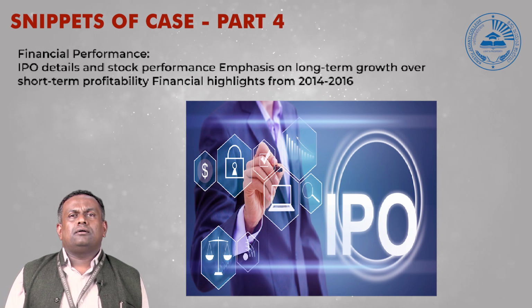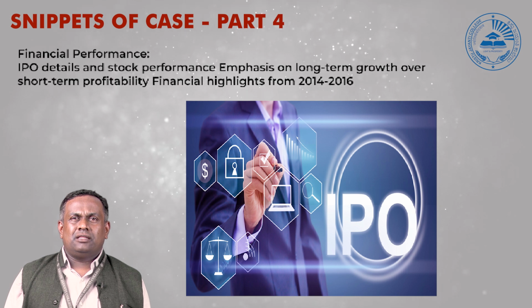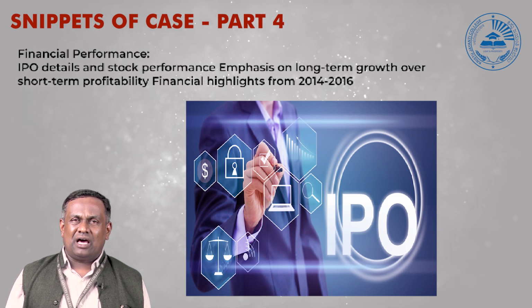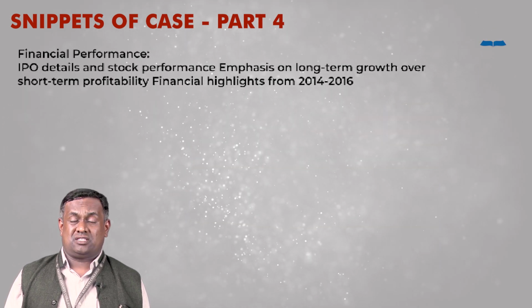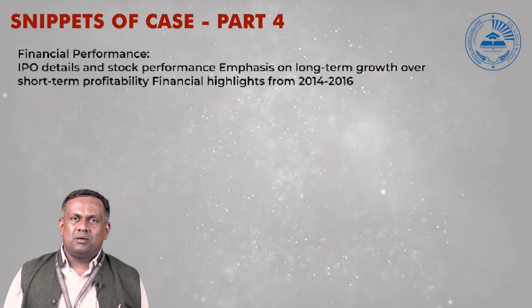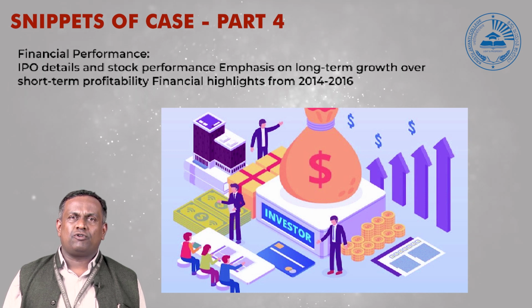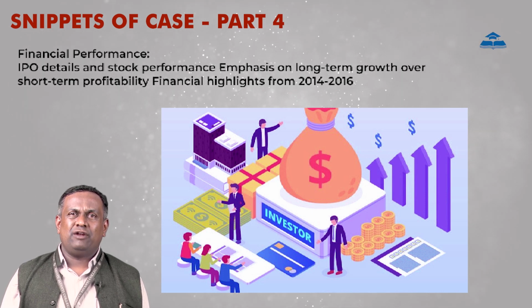Then if you analyze in detail, Amazon is always focused on the customers, because it is in their mission and vision statement that they are customer centric. That means they are focused more on customer need fulfillment.